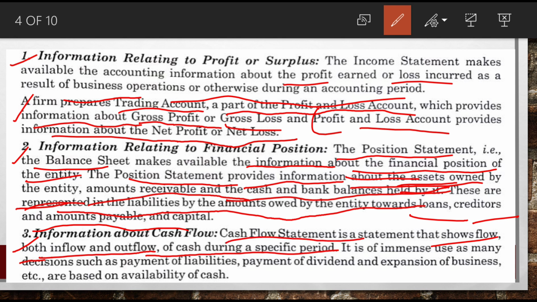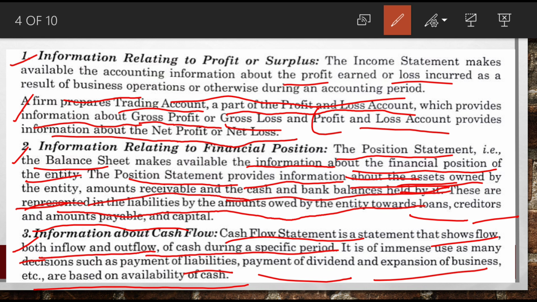It is of immense use in decisions such as the payment of liabilities, the payment of dividend, and the expansion of the business, based on the availability of cash. So why are we preparing it? To know the position of cash. Then only you can decide about expansion, payment to creditors, and dividend. Do you know the meaning of dividend?